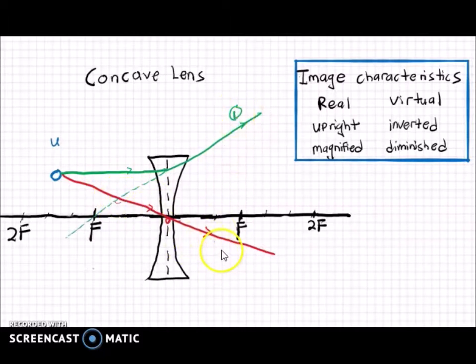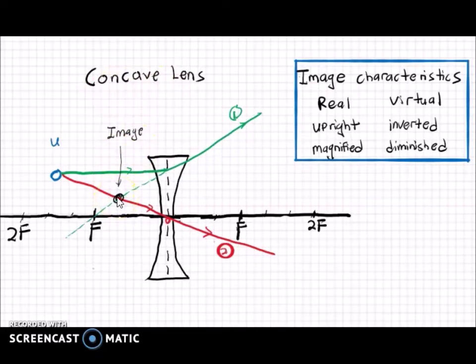This is ray 1 and this is ray 2. So this is the intersection point over here. Let me put it in a black color. This is the intersection of these two rays and it shows the image. So this is the image that forms in a concave lens.